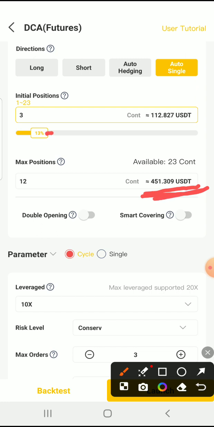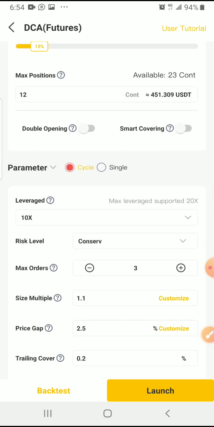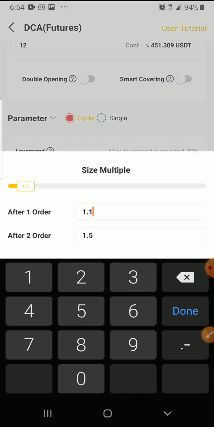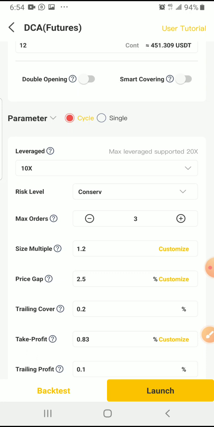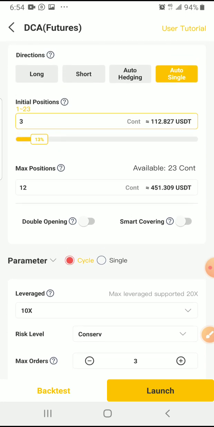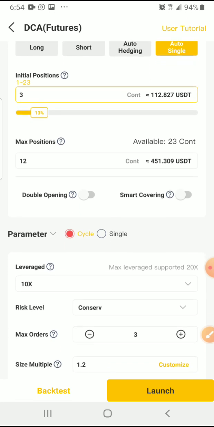So we can increase this a little bit to get to our target. When you are not getting there, you can decide to increase the size multiple a little bit, just tweak it a little bit. Okay, it still gives us 451, no problem. We are still within the target, so then you can launch this trade.